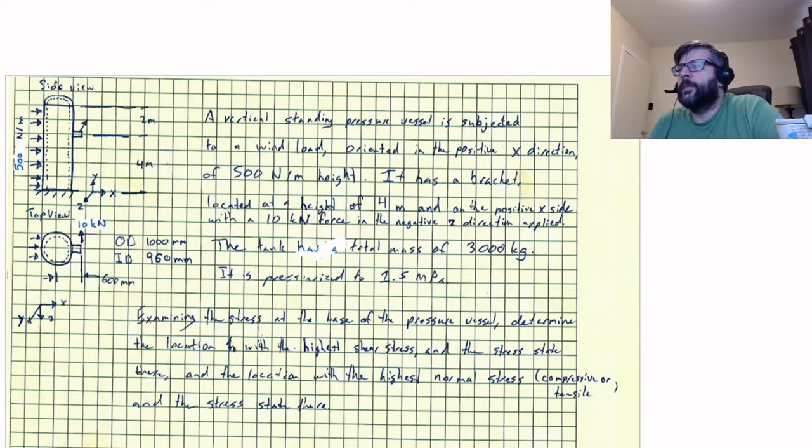Overall, we want to examine the stress state at the base of the pressure vessel and figure out where the highest shear stress is and what the stress state is at that point, the location with the highest normal stress, and what the stress state is at that point.